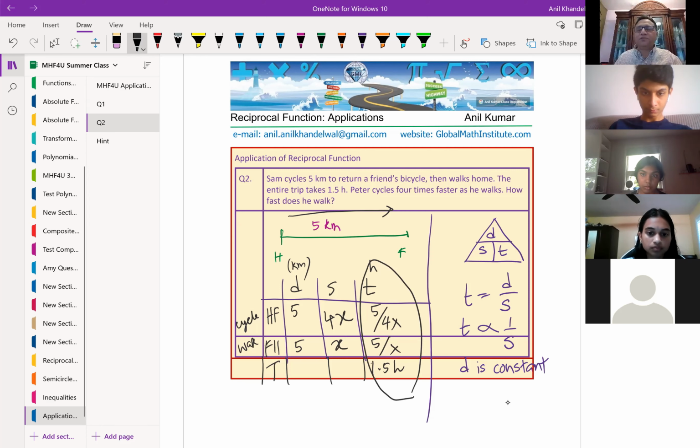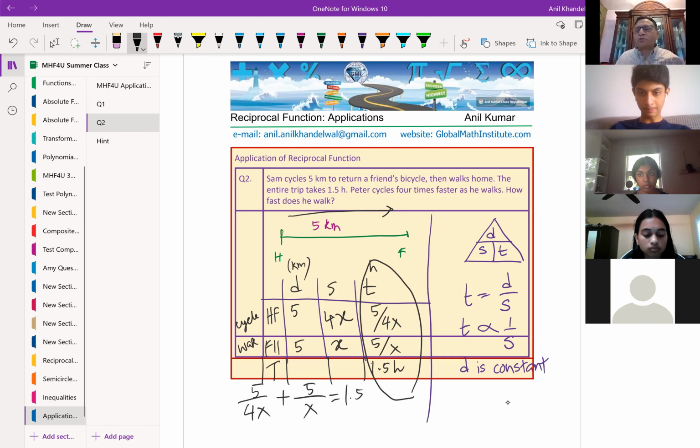Total time is 1.5, right? So that means the sum of these two times, which is 5 over 4x plus 5 over x, should be equal to 1.5. Is that clear? Simple as that. No difficulty. It's like a simple distance time equation which you have been working with earlier also.